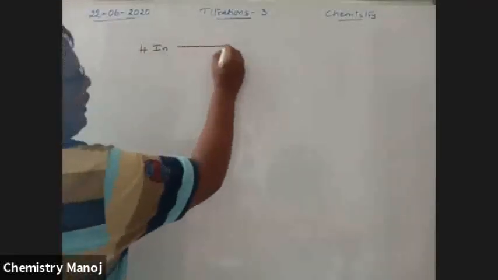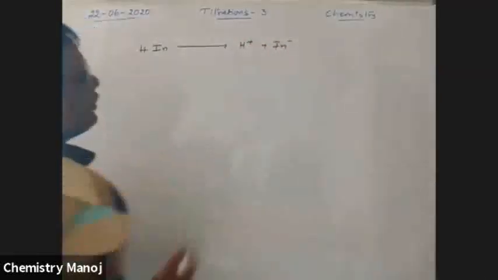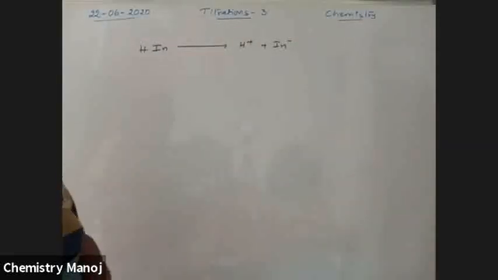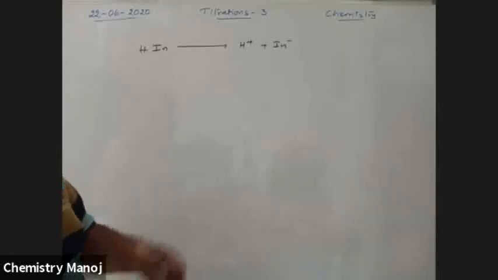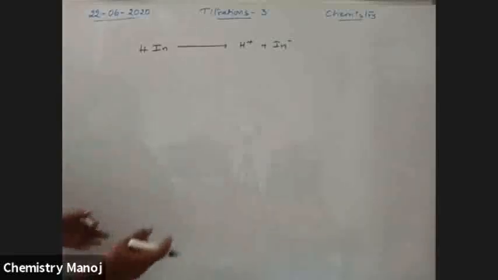When it ionizes, it gives H plus ion and IN minus ion. An indicator which releases H plus ion is called an acidic indicator, and one which releases OH minus ion is called a basic indicator.